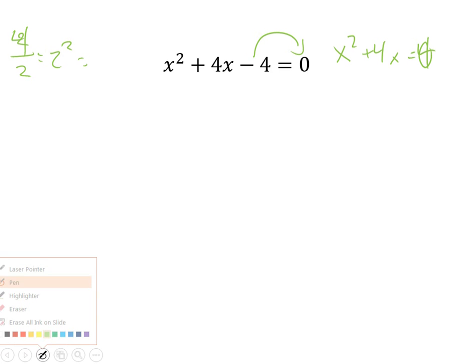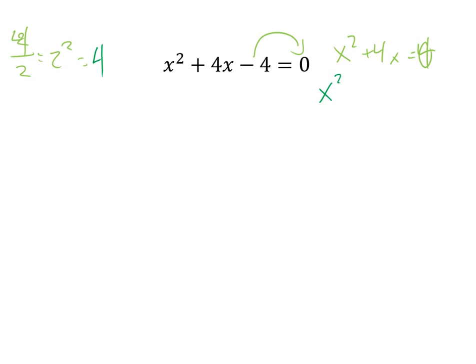Now we're going to add something to both sides. As you see here, this got us a positive 2, so we're going to add 4 to both sides. We can add 4 to both sides because of the addition property. It's like when you move something to the other side, you're subtracting the same thing on both sides. This time we're just adding.